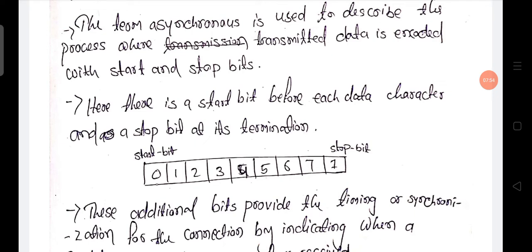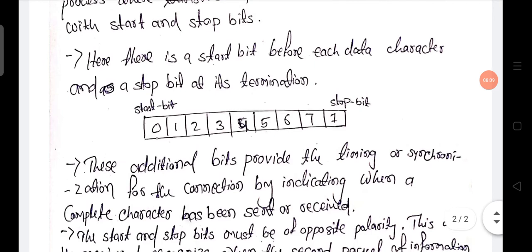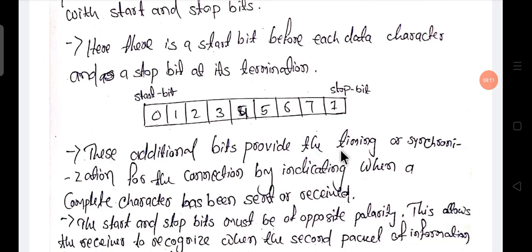There is a start bit before each data character and a stop bit at the end of the transmission. The additional bits provide timing or synchronization for the connection by indicating when a complete character has been sent or received.